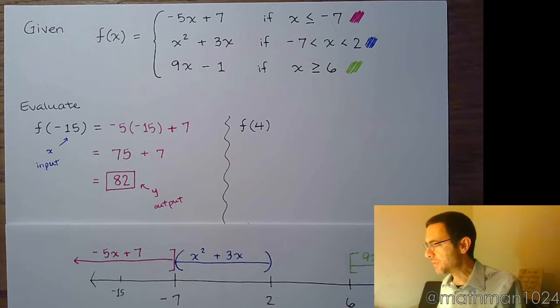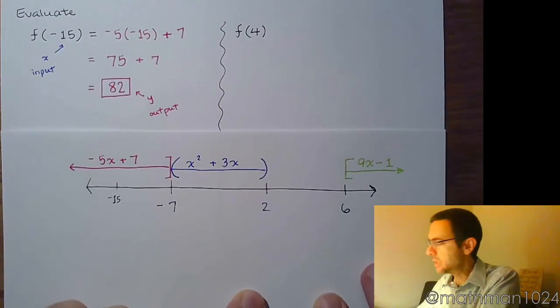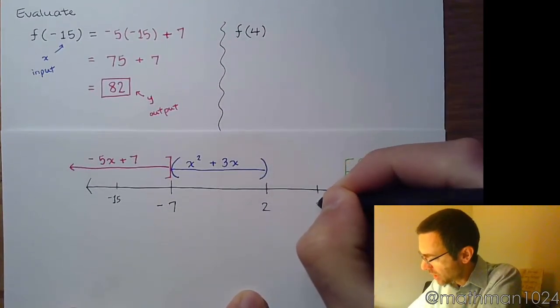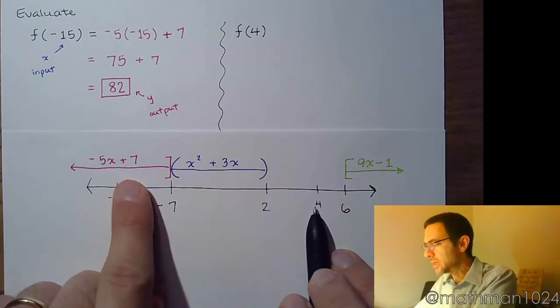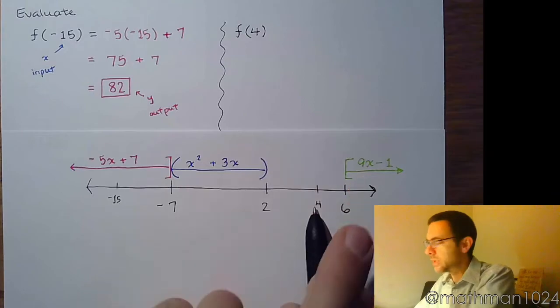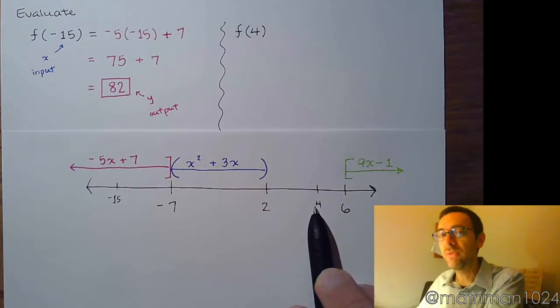All right, let's see f of 4. So if I look at 4 and I look here on my number line, you see that 4 is right about here. So 4 is not under the pink, the blue, or the green region. That means that this function is not defined for an input value of 4.